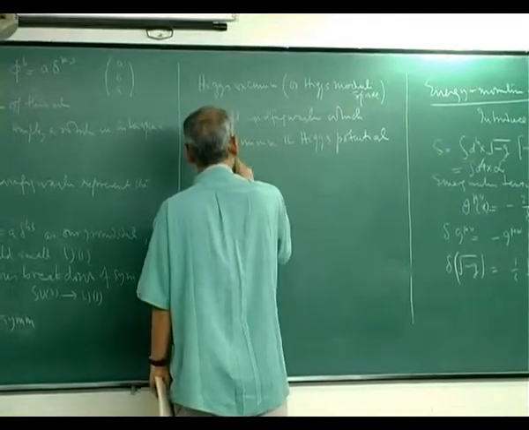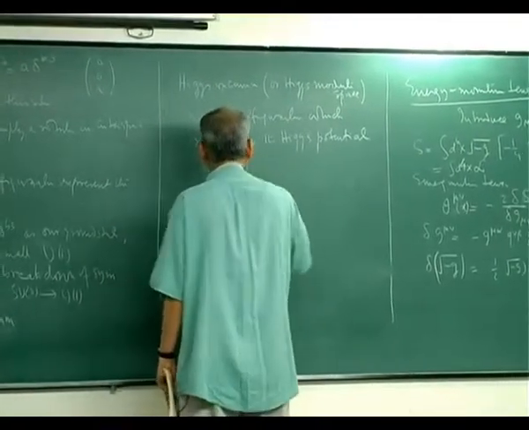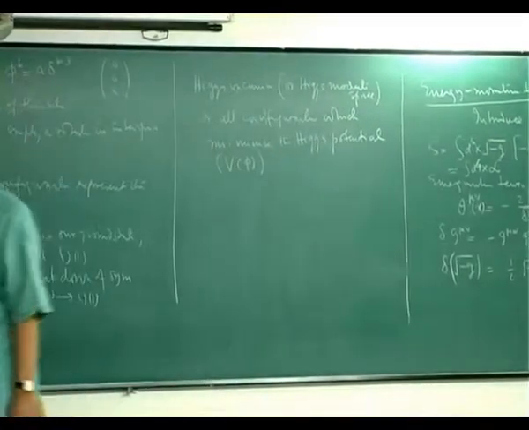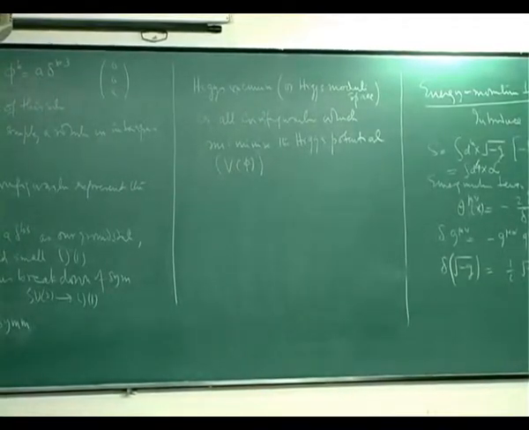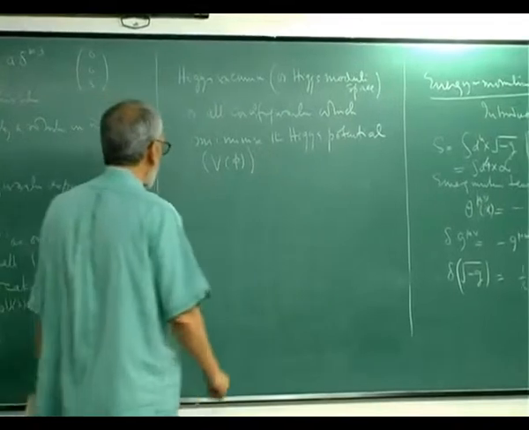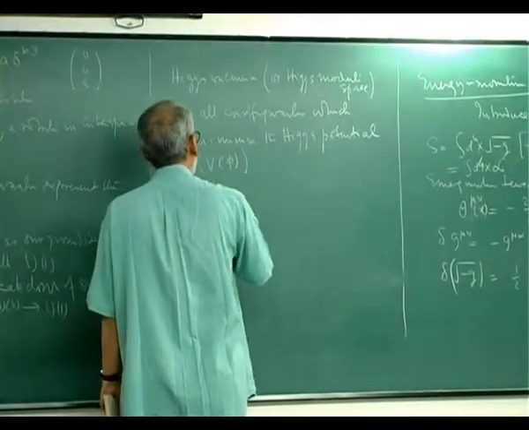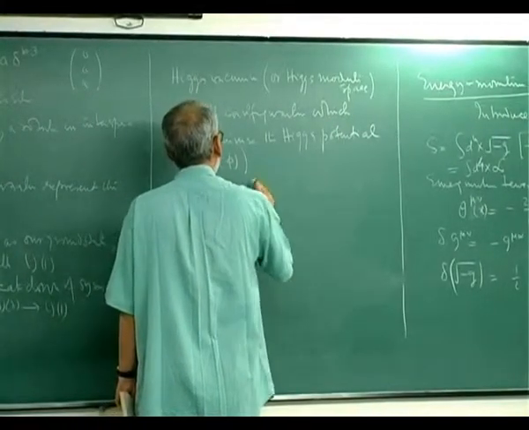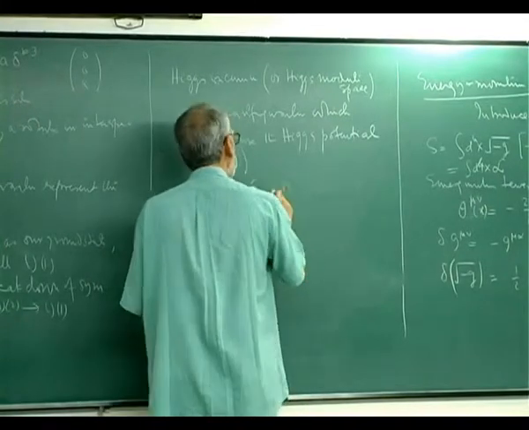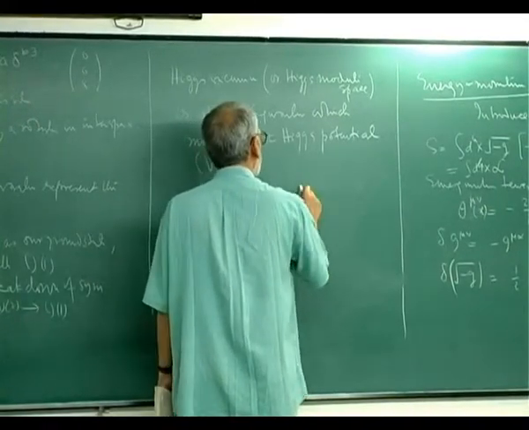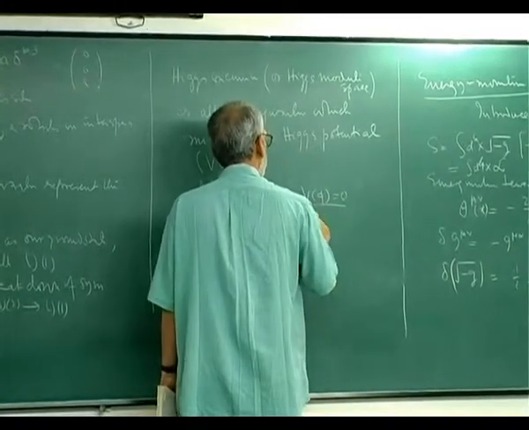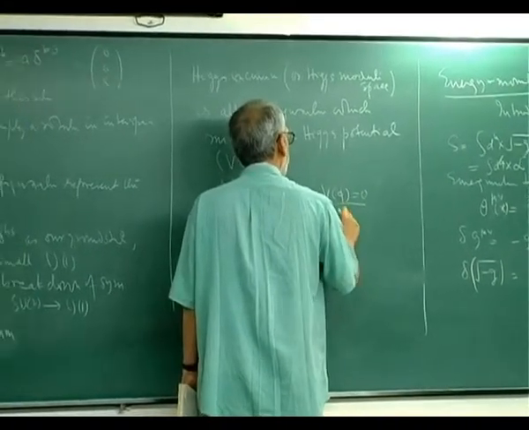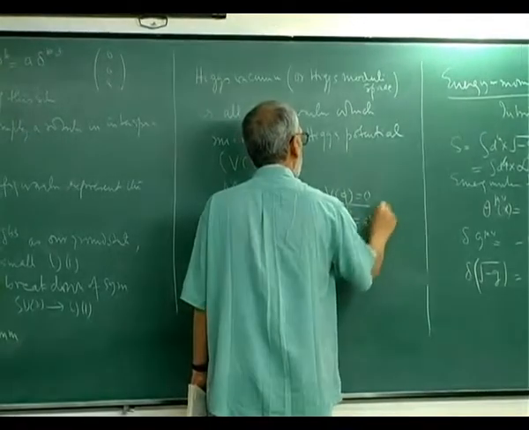Higgs potential is a name given to what we call V(phi). So we can represent this moduli space M_H as the set of all phi's so that V(phi) is 0, or in other words |phi|^2 is a^2.